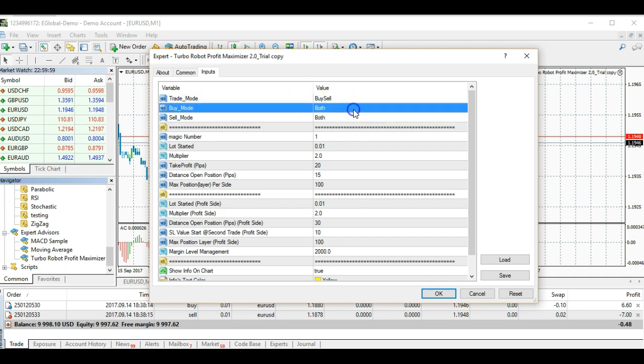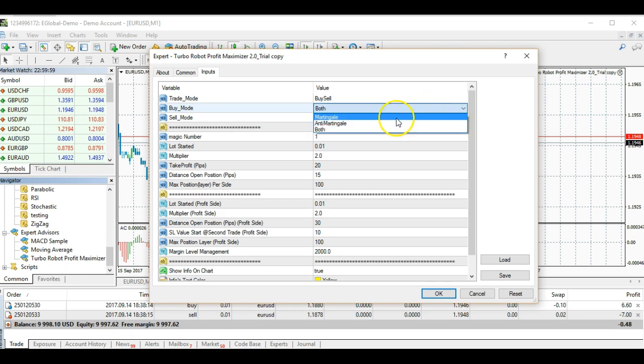So your buy mode, for your buy trade, either you want it to be martingale only, or you want it to be anti-martingale. Remember that martingale is on a losing position. All right. If you are on anti-martingale, it will double up, and this is mainly on a profit position. The moment that particular trade is on profit, it will perform this anti-martingale.